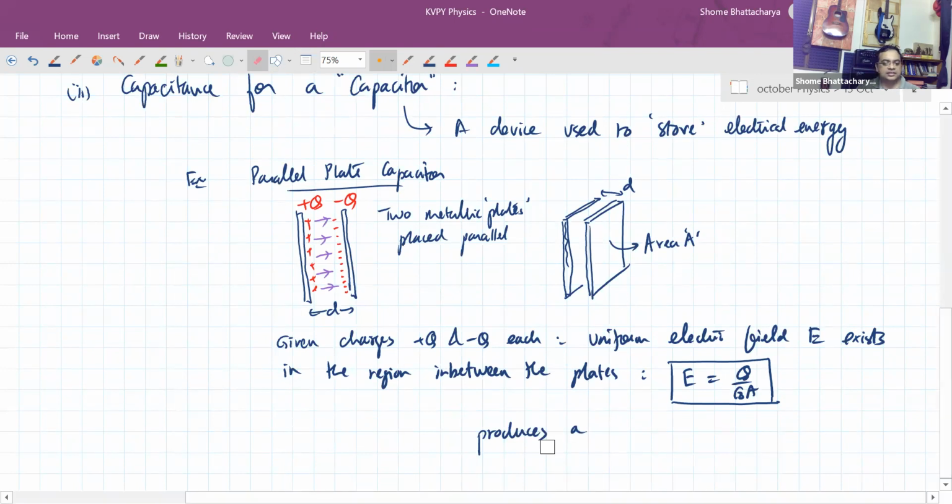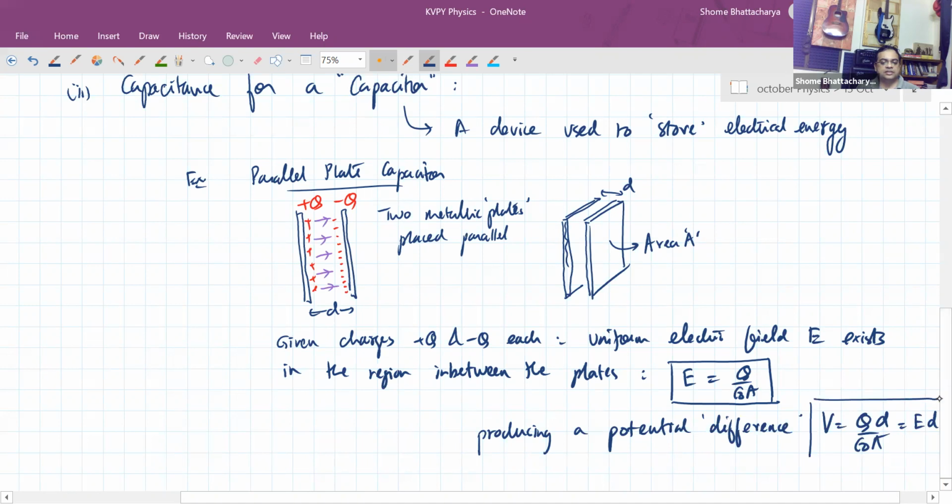Electric field existing between the two plates means that there's a potential difference between them, producing a potential difference of V equal to Q into D upon epsilon naught A, or the magnitude of electric field into the distance. So this is the potential difference that is developed.